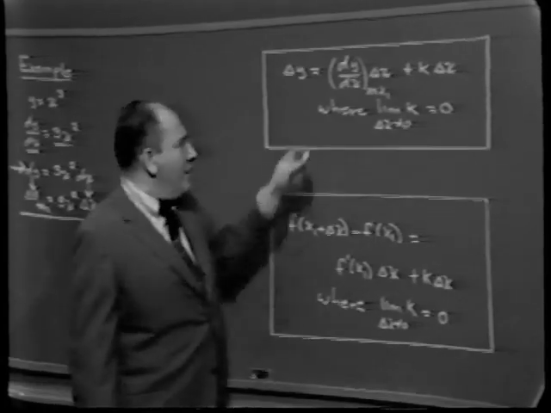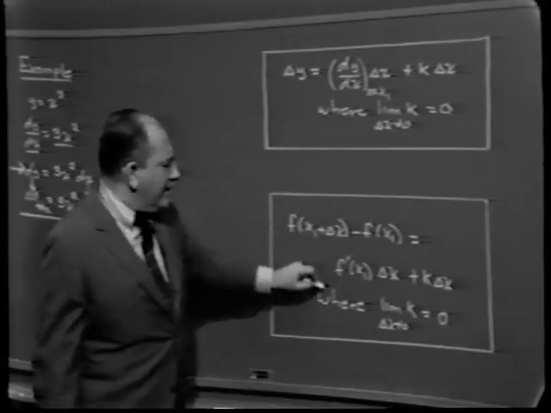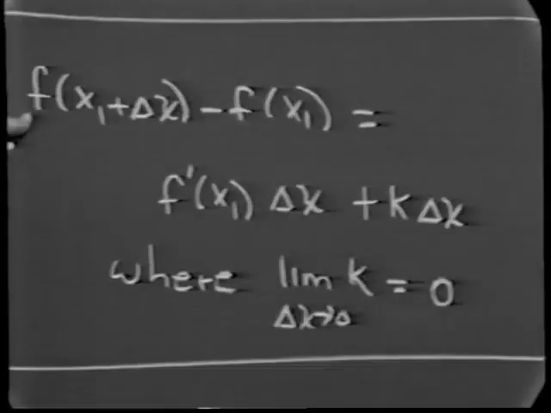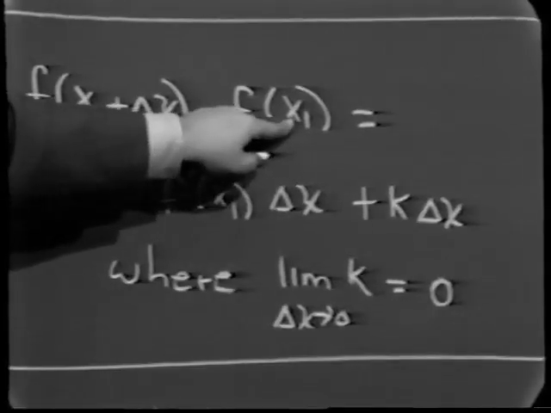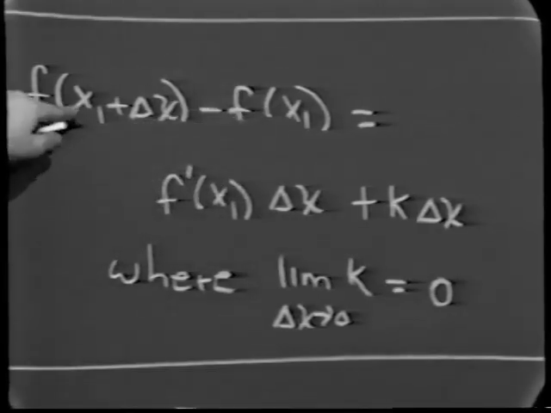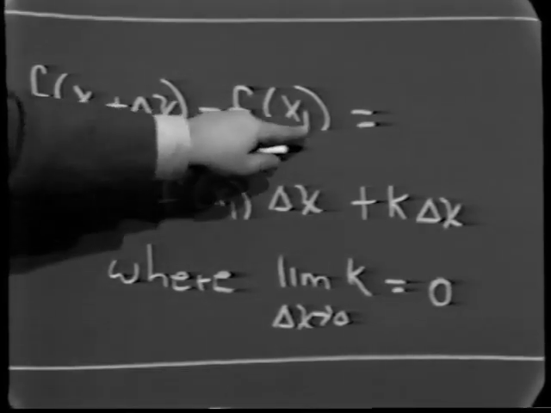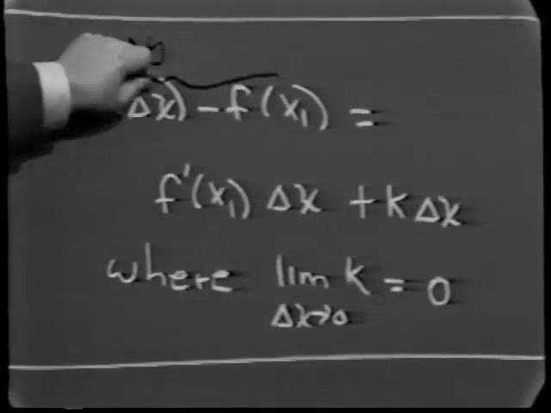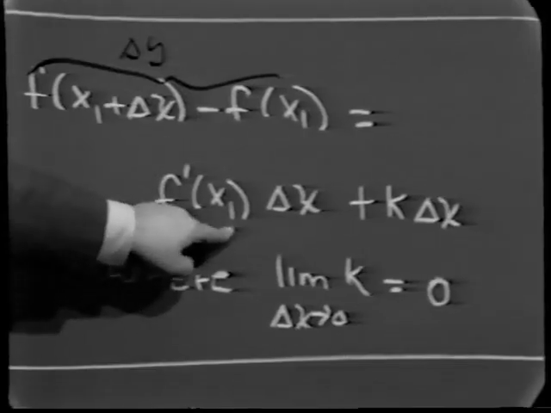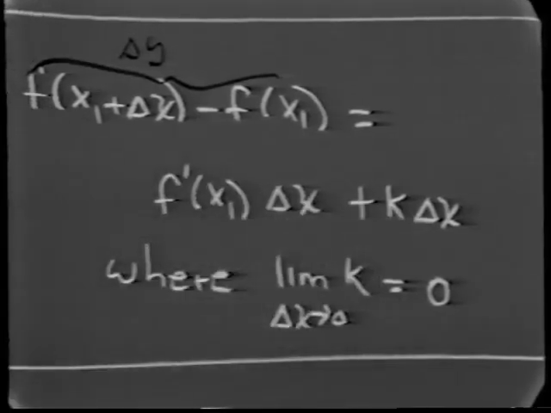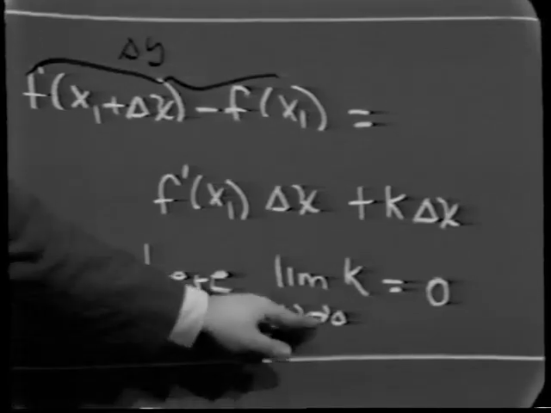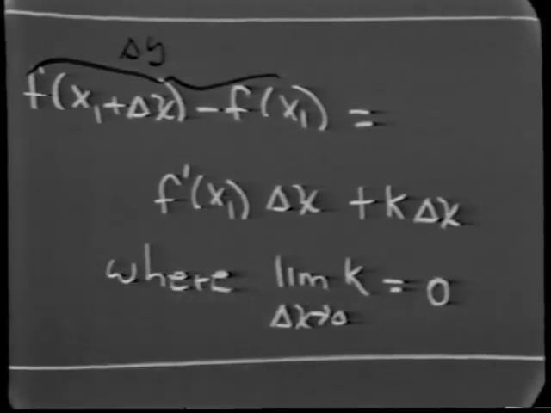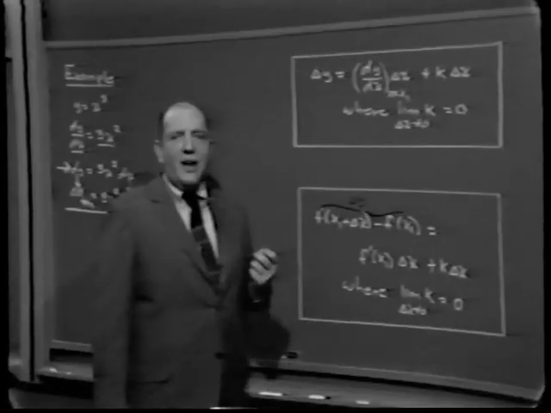In other words, the same result stated in analytic language simply says this: if f is a function of x and is differentiable when x equals x1, then f of x1 plus delta x minus f of x1, which geometrically corresponds to your delta y, is f prime of x1 times delta x plus k delta x, where the limit of k as delta x approaches 0 is 0.